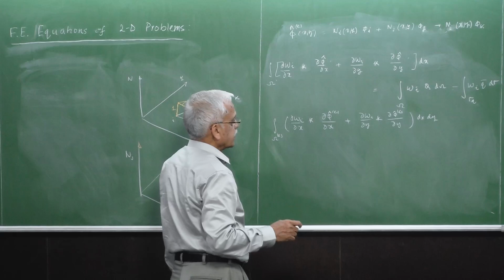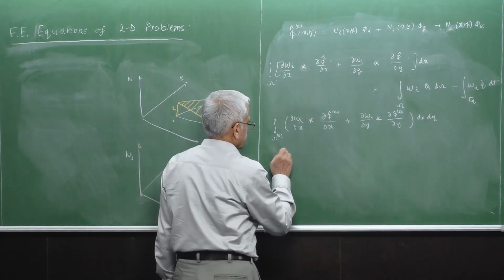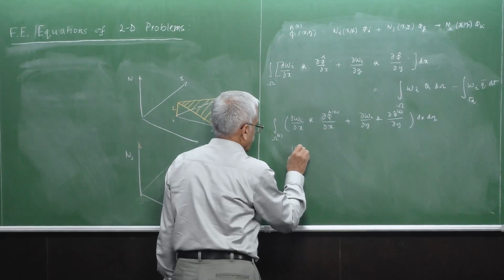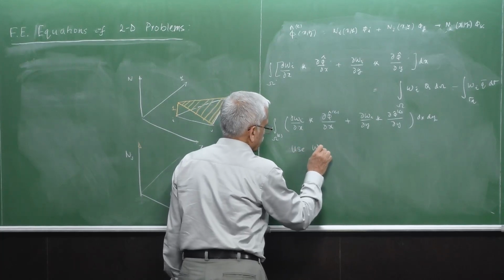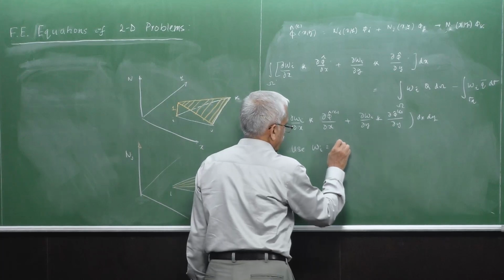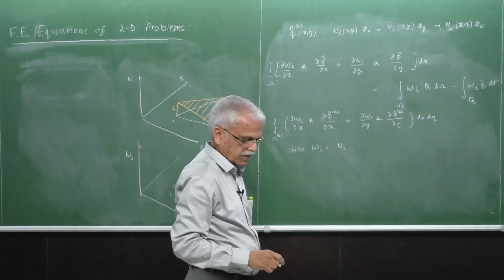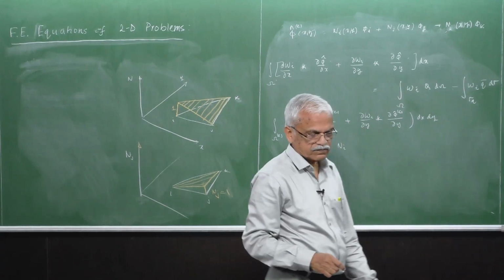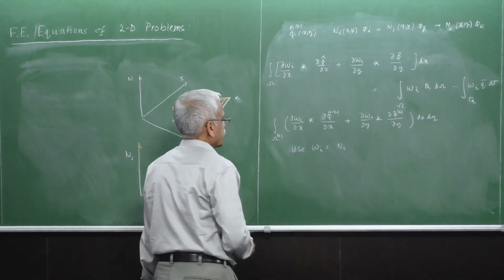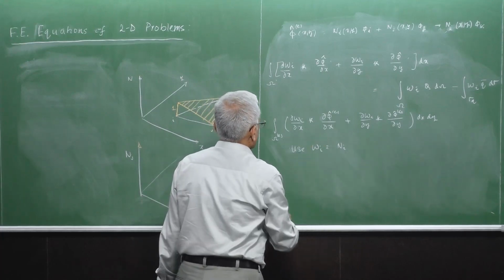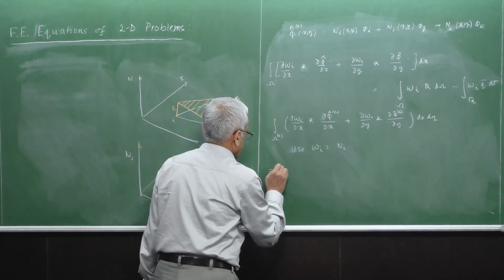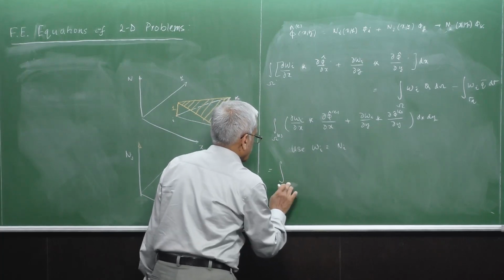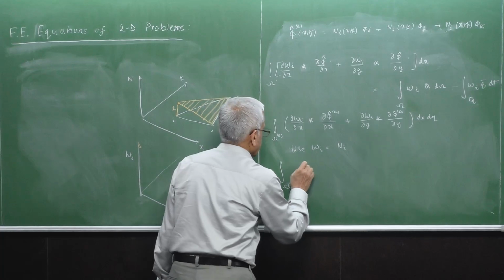Okay, so here, let us just do this. Let's assume that we substitute the weighting function, use the weighting function as Ni. Obviously we use the same trial functions as that of the expression for phi hat. So if that is the case, let's further simplify it.